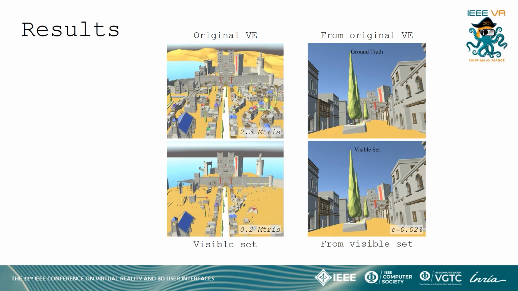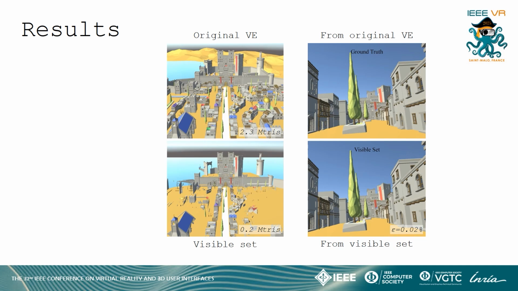And rendering frames out of the visible set produces frames that are of quality virtually at par, indistinguishable from ground truth. And ground truth, of course, is obtained by rendering the entire original data set, so the two frames are quite similar. The quantification of the error here, epsilon, is the percentage of incorrect pixels.